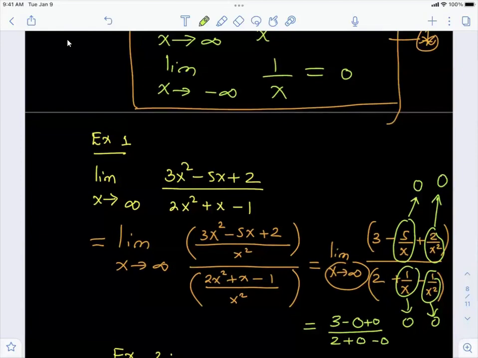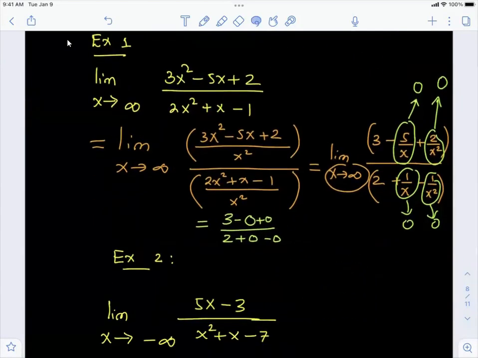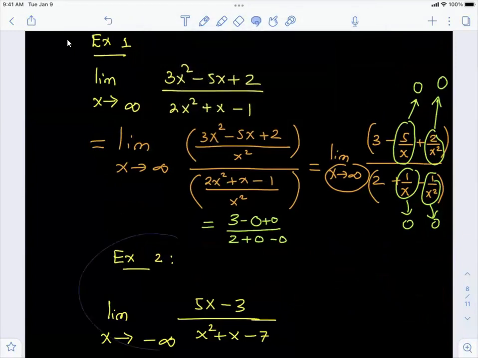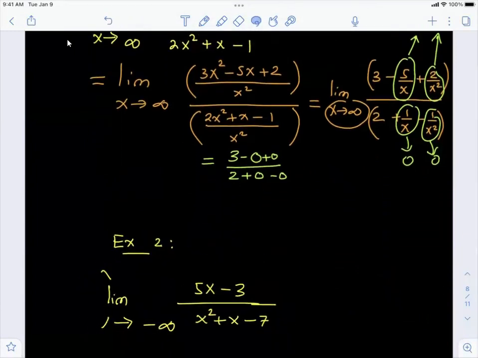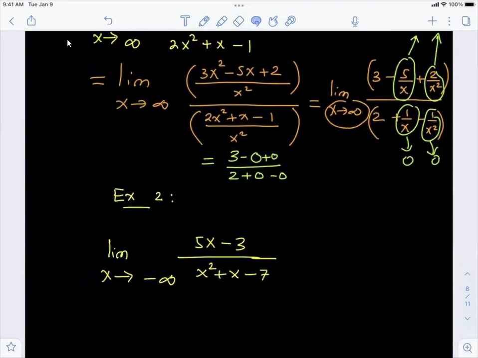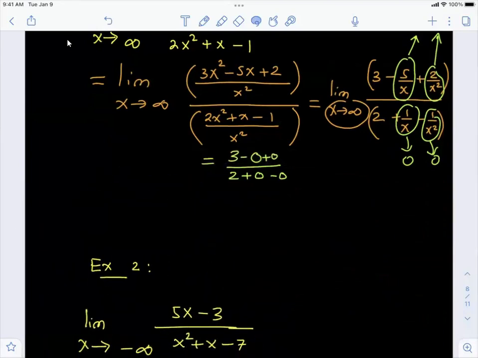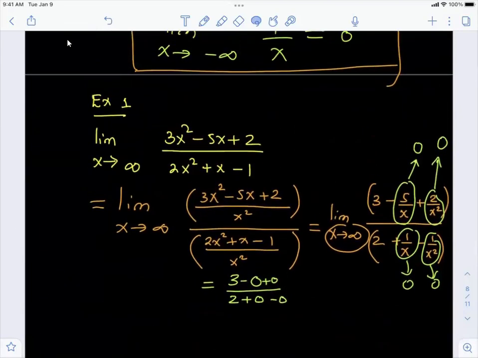So the final answer that you're going to get in this scenario is, let me get a little more space for this. Don't need this one until we start working with that example, right? So now the final answer for this situation is 3 over 2.